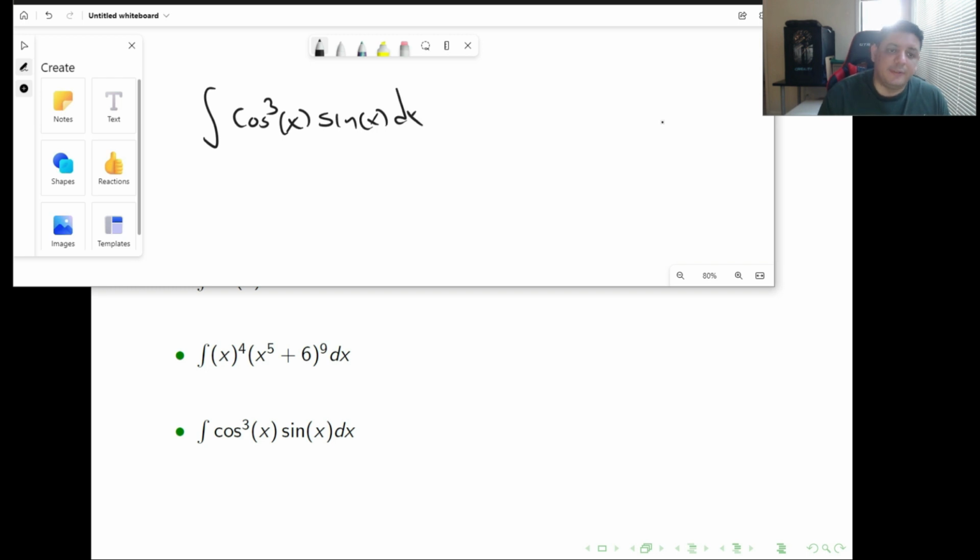So if I have cosine cubed here, obviously the candidate for u is cosine because it's the one that is being raised to the 3. And if I do that, du/dx is going to be minus sine, and that reflects that this is good because sine is showing up in here.